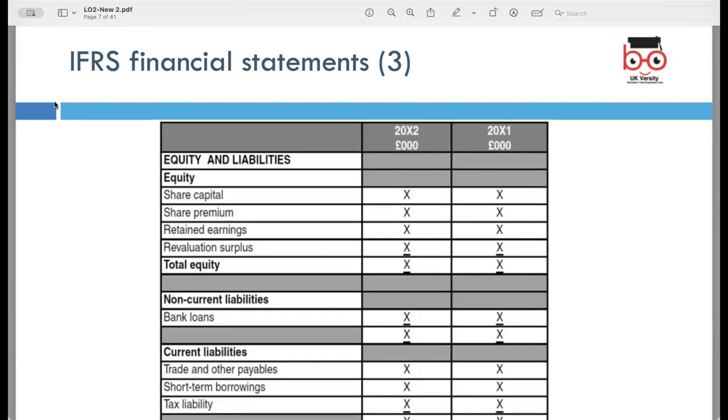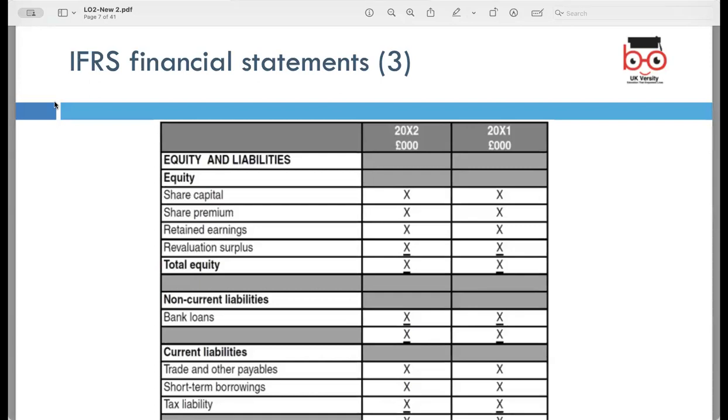Total equity represents the shareholders' residual interest in the company after liabilities are deducted. Non-current liabilities are long-term financial obligations such as bank loans that are due after more than 1 year.